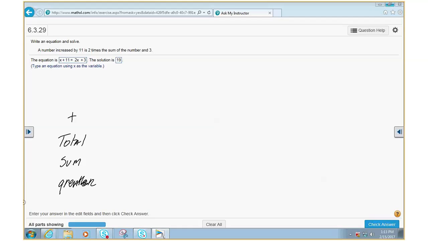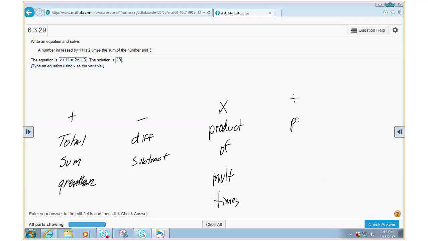And they give you difference, subtract, and that gives you what? Subtract. And then product of, multiply means multiplication, and times. And then they say division, per, quotient.